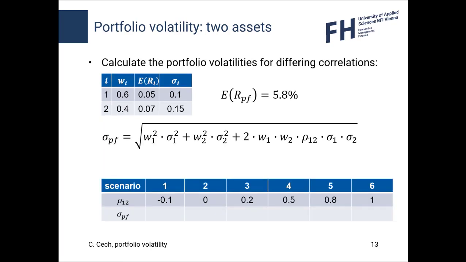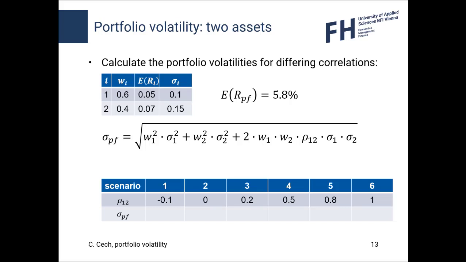Let us now have a look at the impact of different correlations on the portfolio volatility. We have the same example as before. Our portfolio consists of two assets, asset 1 with a lower expected return and a lower volatility, and asset 2 with a higher expected return, but asset 2 is also more risky.